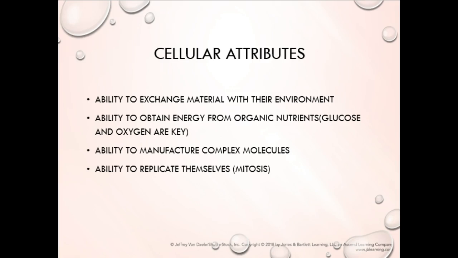Ability to obtain energy from organic nutrients. Whoa, organic nutrients. Okay, glucose and oxygen are key. So let me back that up. Glucose is really going to be one of the main food staples that we talk about at a cellular level. Cells are going to need proteins and fats as well, but let's just go through what's necessary as they come up. And as you know, or maybe you don't know, but let me refresh your memory, glucose is a carbohydrate, and glucose comes from sugared foods.